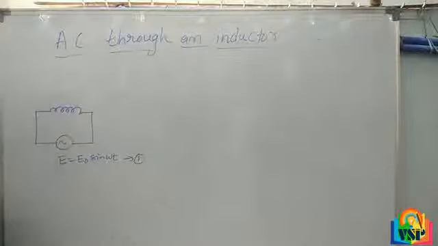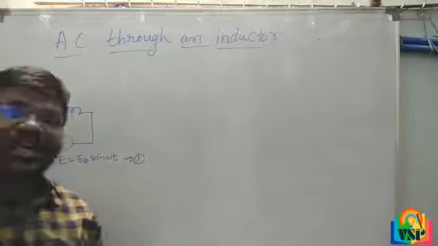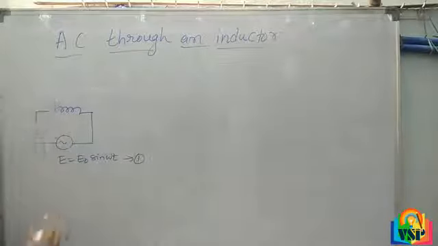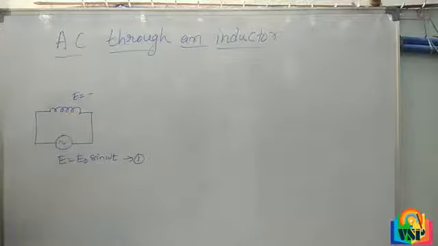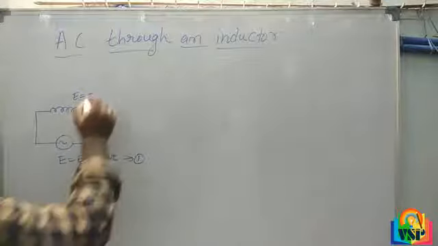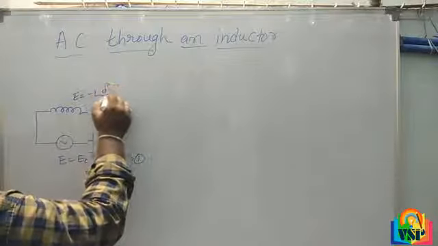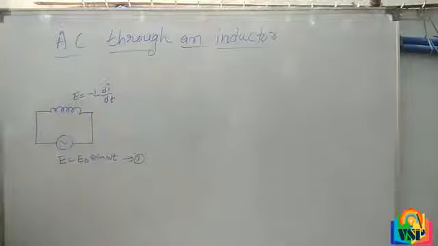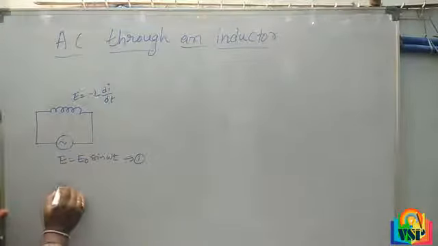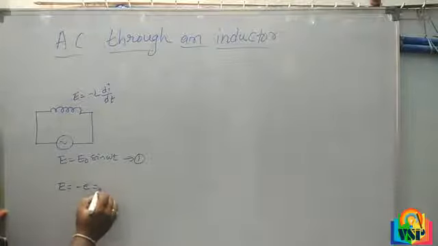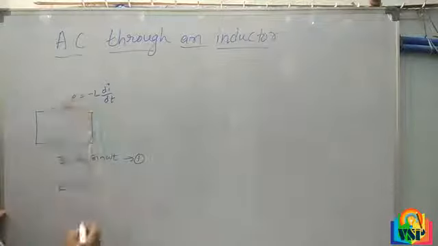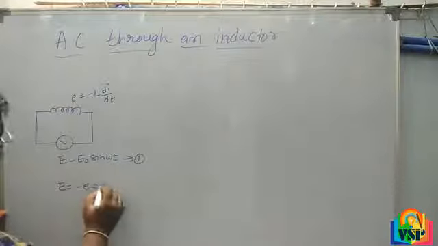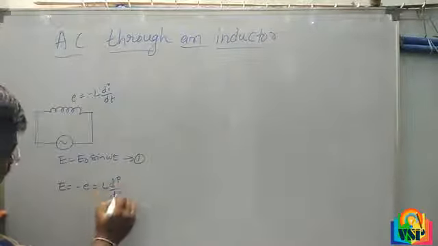We know that the potential drop across the inductor, E is equal to minus L into di by dt. According to Lenz's law, we can write E is equal to minus L di by dt.